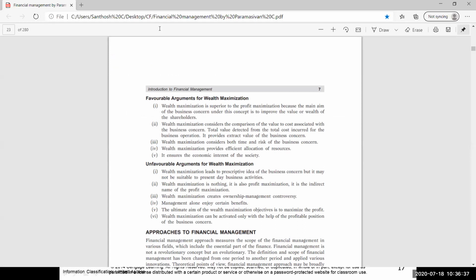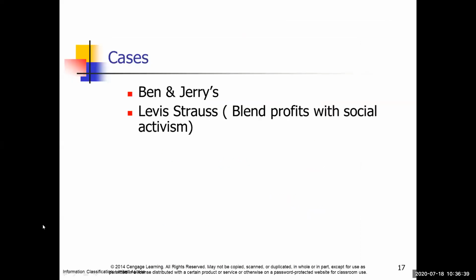Are you able to see the screen? Yes, sir. Just a second.